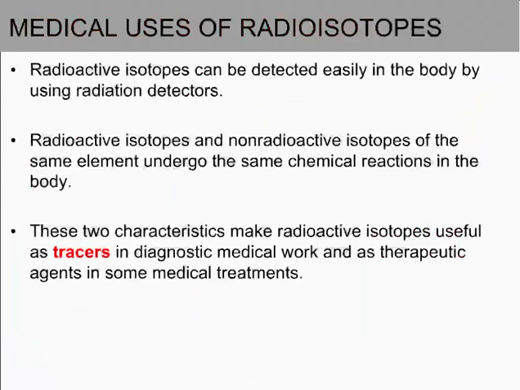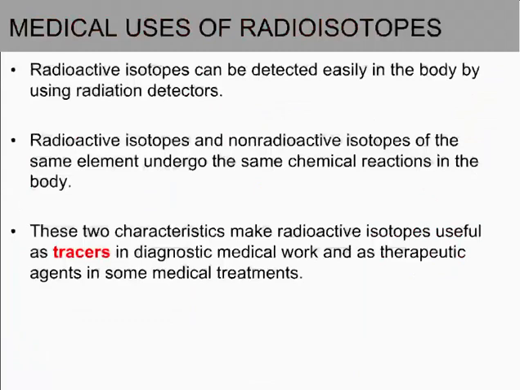Okay, so there are some medical uses of radioactive elements. So they're not all bad. We can utilize them for good. So radioactive isotopes can be detected easily in the body by using radiation detectors.